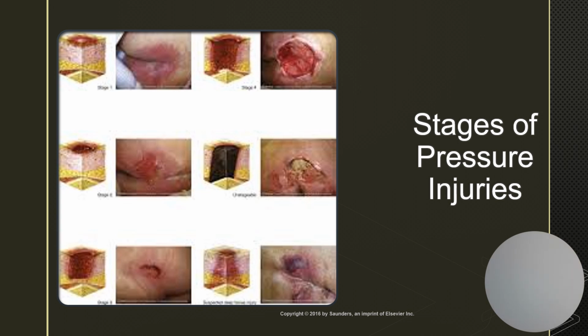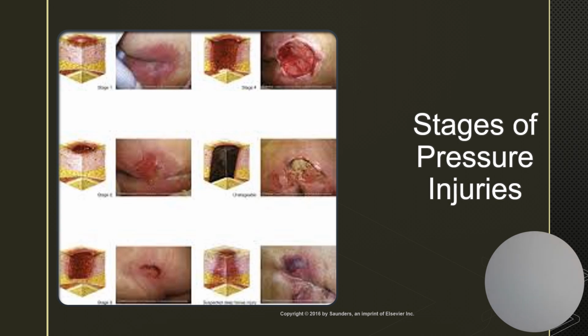So again, we have to have over 50% granulation tissue, but we can either now see or feel some of those deeper structures. Once again, that's muscle, tendon, ligament, or bone. Again, this is full thickness.